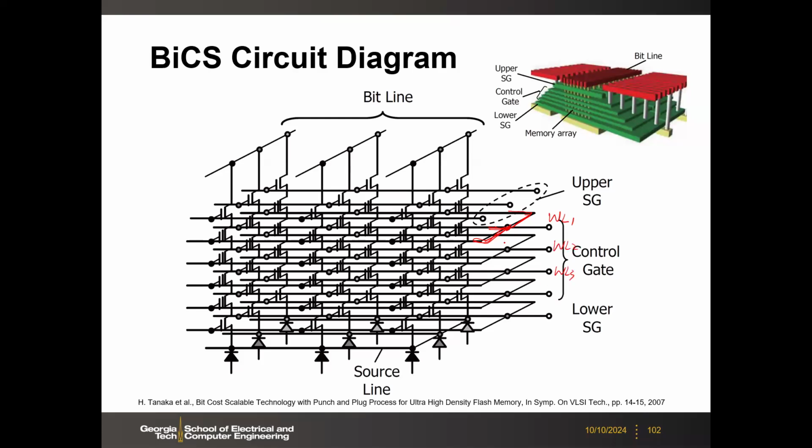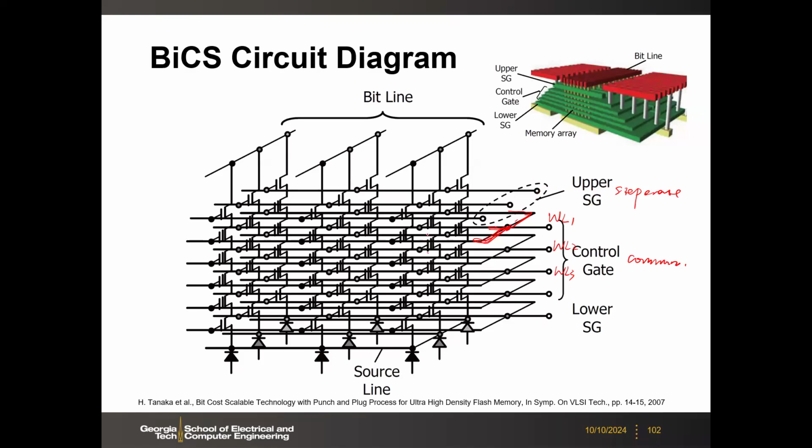But then how do you differentiate different strings? That is here: the upper string select is separate. This one is separate. Here is common. Okay. So you need to have the XYZ decoding to locate an individual cell, because now it's a three-dimensional structure, right?